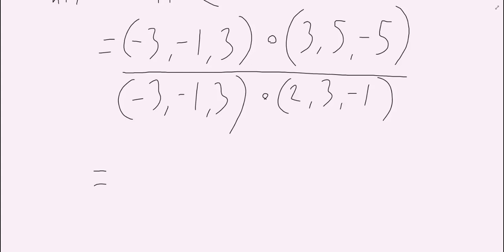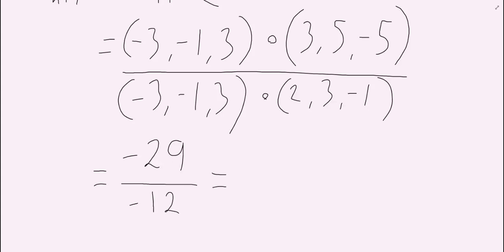So minus 29, divided by minus 3 times 2. So we have minus 6, minus 3, that's minus 9, and minus 3 again, that's minus 12.